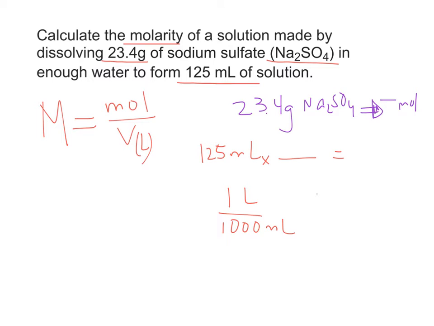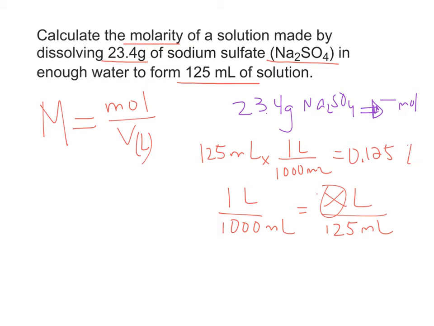So that would equal X liters over 125 milliliters. We'll find out what this X is. I'm going to cross multiply, and I end up with this equation. And it equals 0.125 liters, because my milliliters cancel.